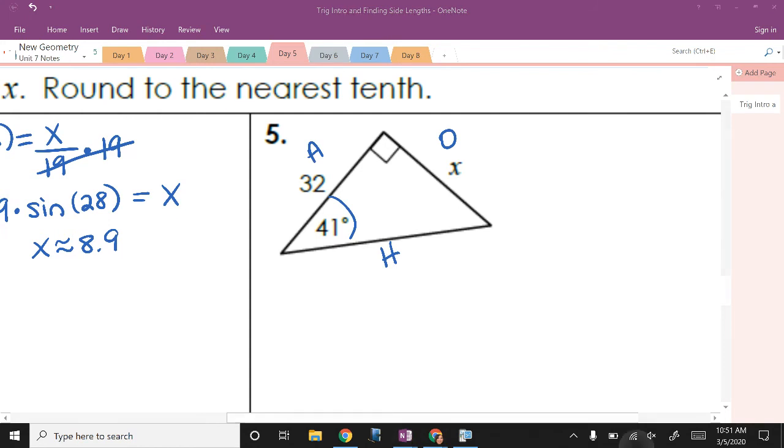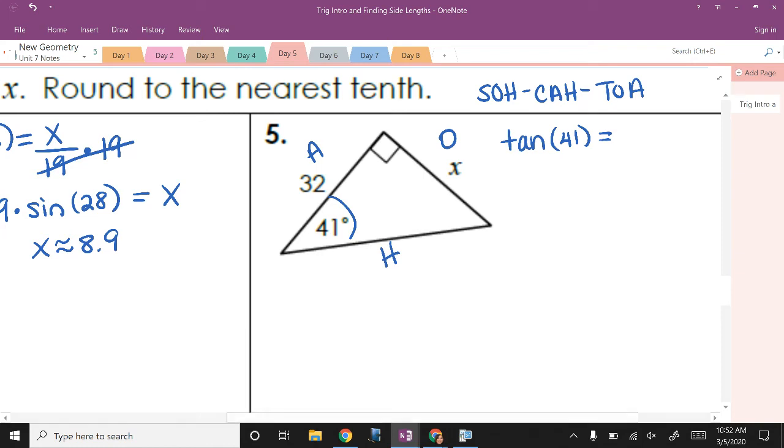So from SOHCAHTOA, if I have an opposite and adjacent, which one am I going to use? Sine, cosine, or tangent? Tangent. Because I don't have a hypotenuse, do I? So I'm going to use tangent of that angle measure, which is what? 41 degrees, equals opposite over adjacent.